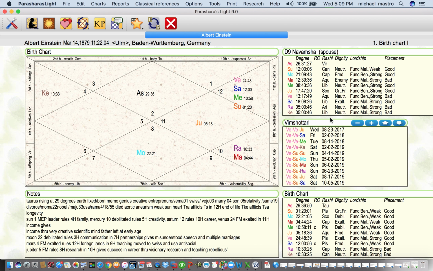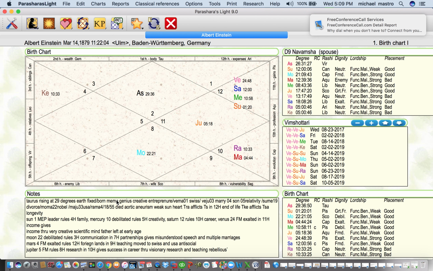When Albert Einstein was born, he was running a Mercury Moon dasha period. This is kind of like the root of the tree of life.